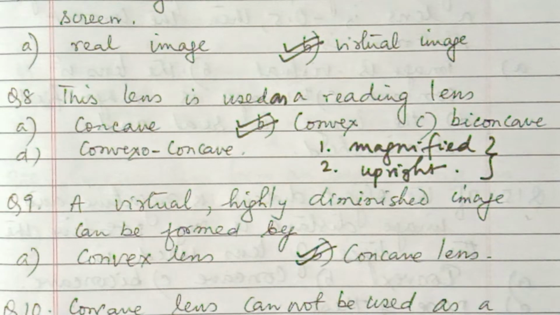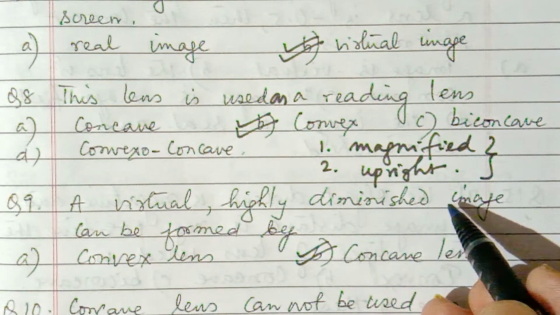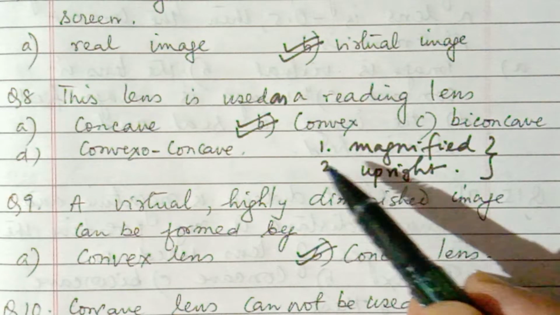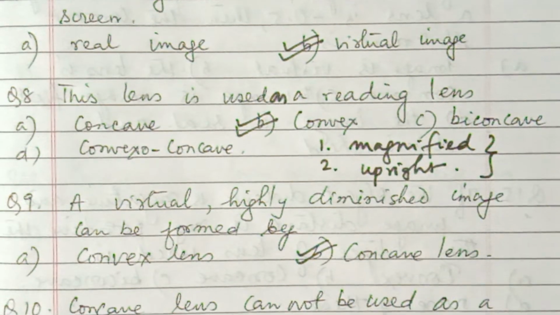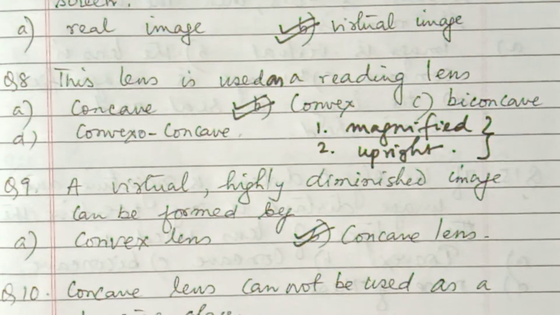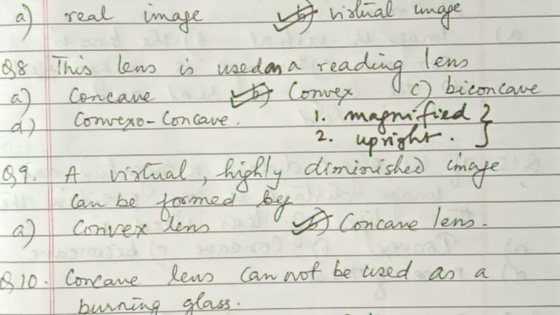So that is the difference between convex lens and concave lens. Concave lens can form a virtual diminished image, and convex can form a virtual but magnified image.